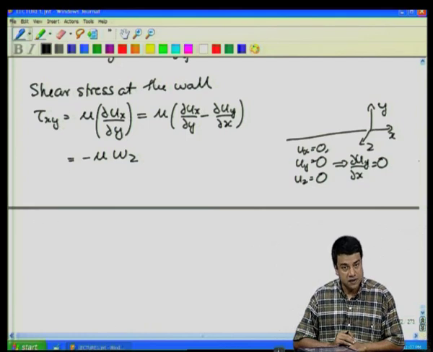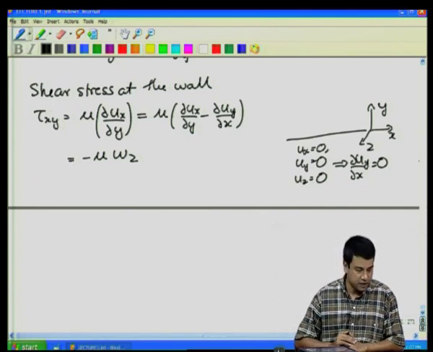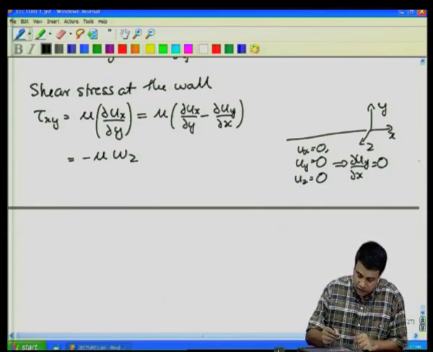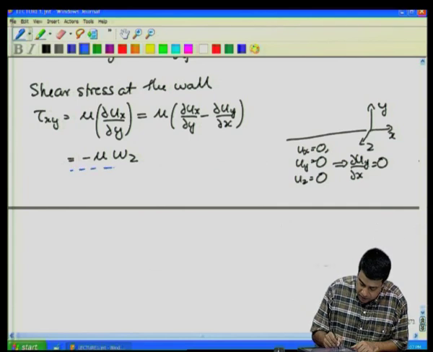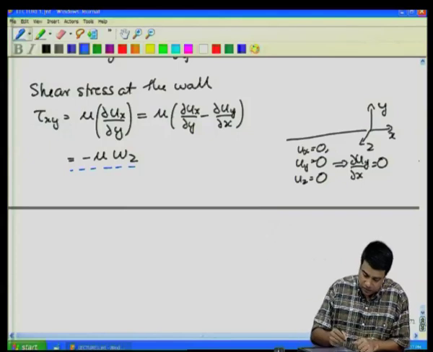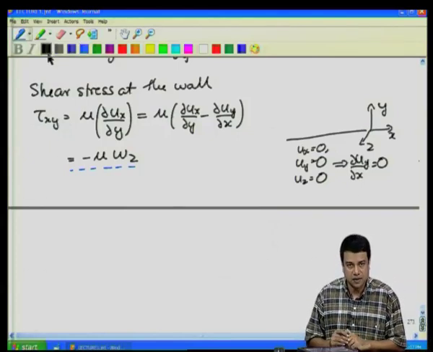Therefore, the shear stress is equal to minus mu times the z component of the vorticity at the wall itself. The shear stress can be expressed explicitly in terms of the vorticity. Okay. So, this basically tells you that the value of the vorticity itself at the wall is exactly fixed by the shear stress. Okay. The force exerted at the surface, the unit normal is in the y direction.